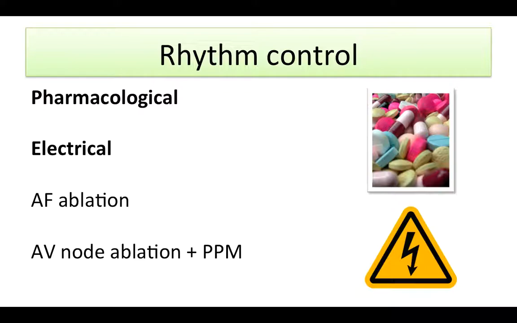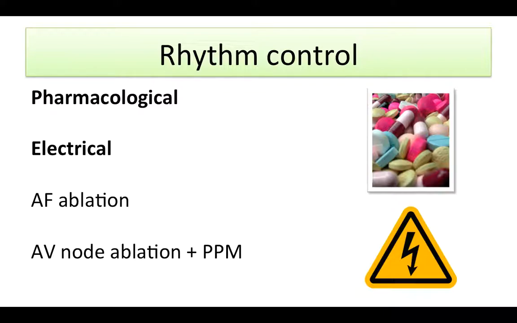There is some evidence to suggest that an early ablation strategy is good for improving symptoms. So that might be something to consider. But generally, we tend to reserve it for those patients where we've tried other means and they haven't worked.